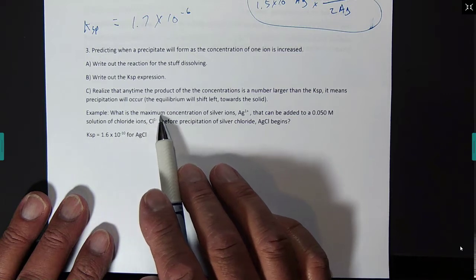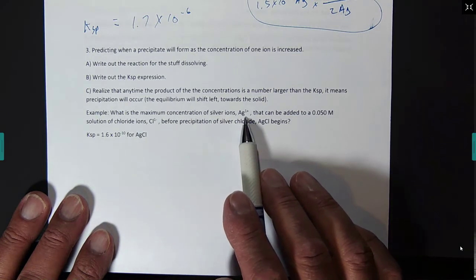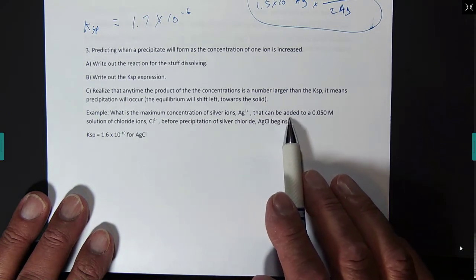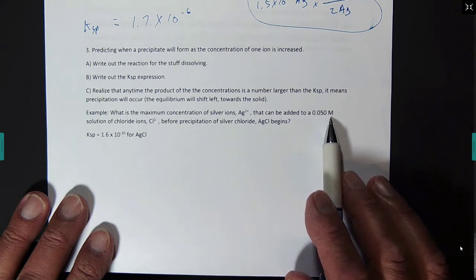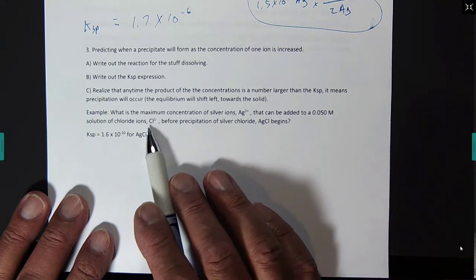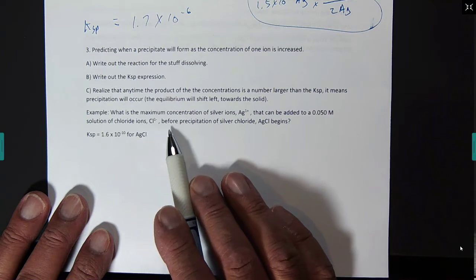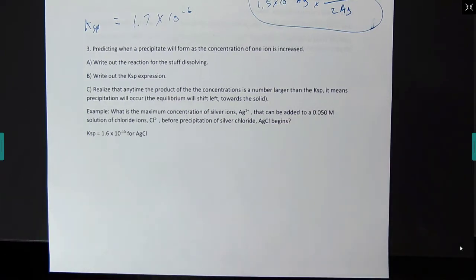What is the maximum concentration of silver ions that you can add to a 0.05 molar solution of chloride ions before the precipitation of silver chloride begins? When you're lost in Ksp land, write out the reaction for the stuff.